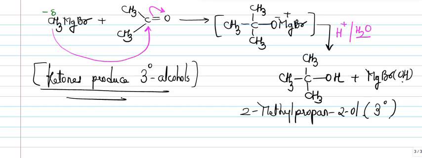This is the most important thing. All aldehydes except methanal produce secondary alcohols, and methanal produces primary alcohol. So methanal gives you primary alcohol.